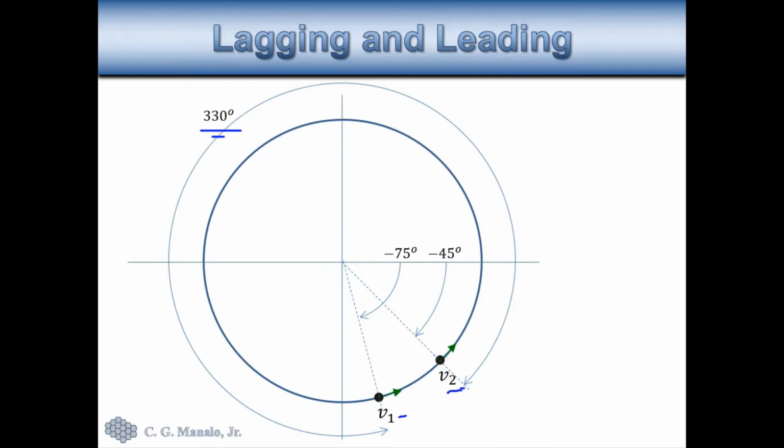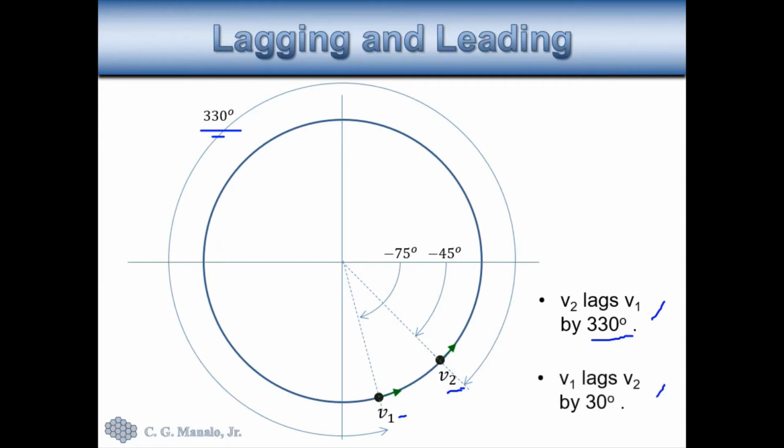So we could also say that V sub 2 lags V sub 1 but this time by 330 degrees. So the question is, which is correct? Is this interpretation or this interpretation?